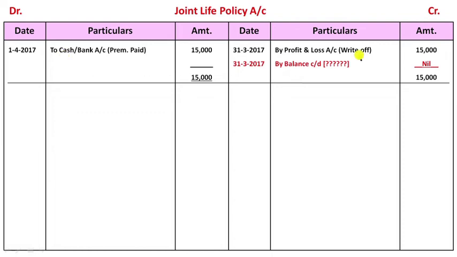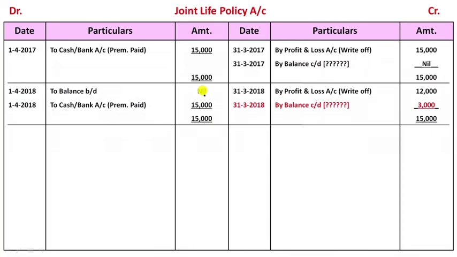On the credit side write off 15,000. So 15,000 premium on the debit side, 15,000 write off, balance nil, balance became 0. This zero balance nil is transferred to next year, that is for 2018. So we transferred this balance nil from here.